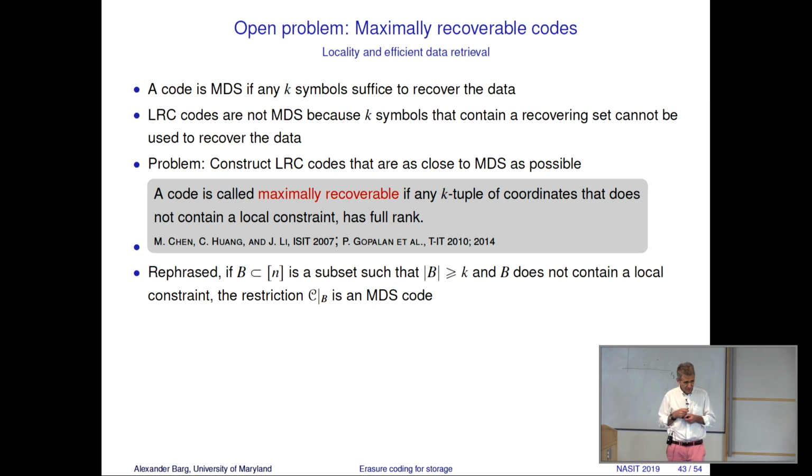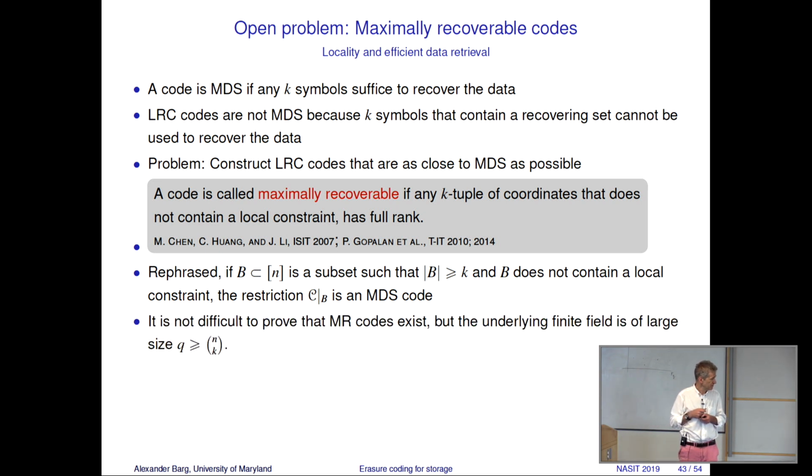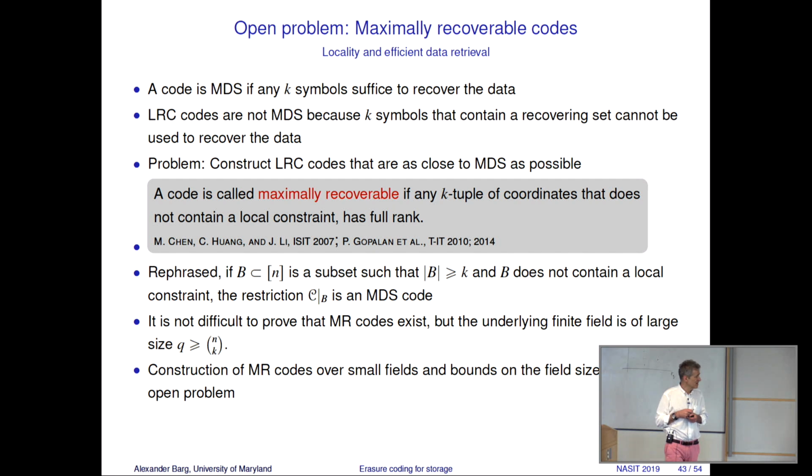That is MR codes. You can prove that they exist, but the field size is exponential in n, and that is unsatisfactory. Constructing MR codes over small fields is a vibrant, developing, open direction of research. It's a difficult open problem, but it is an open problem.